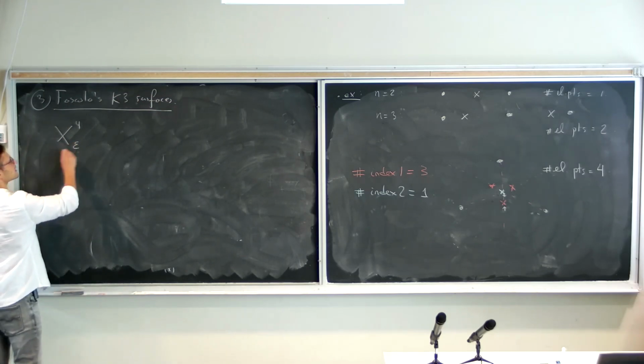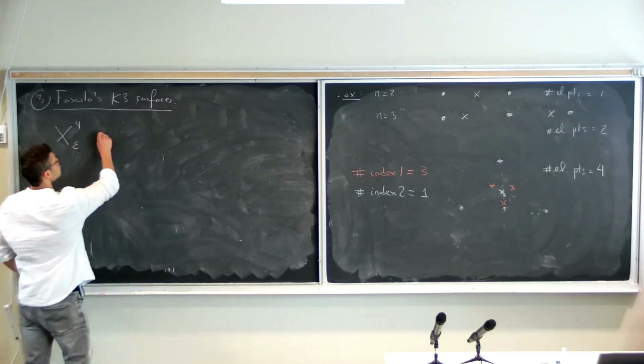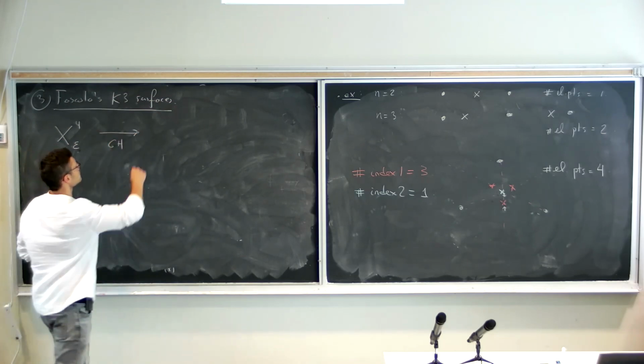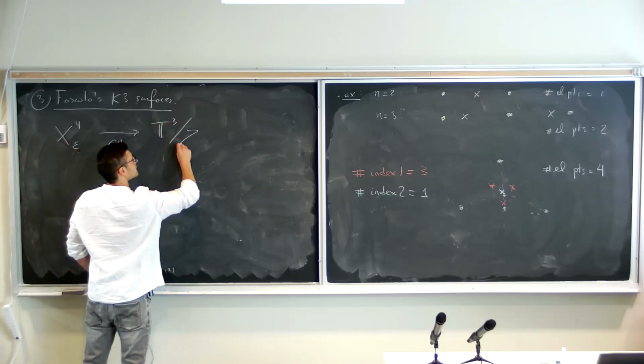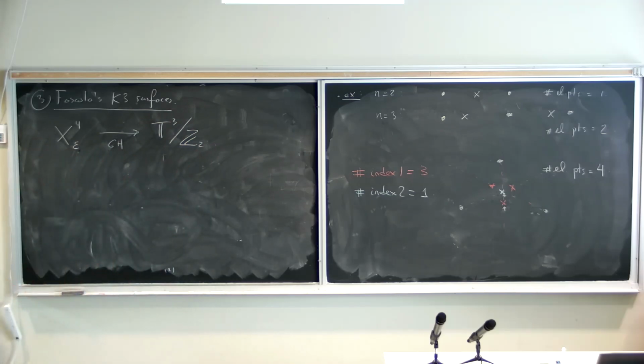But one of those parameters is the collapsing parameter. I'll call it epsilon. And as epsilon goes to 0, the Gromov-Hausdorff limit of this is the quotient of a 3 torus by Z2. Okay, so it's something 3-dimensional.